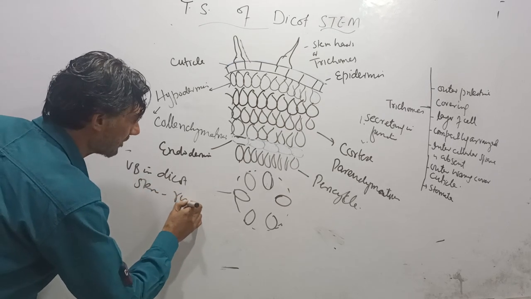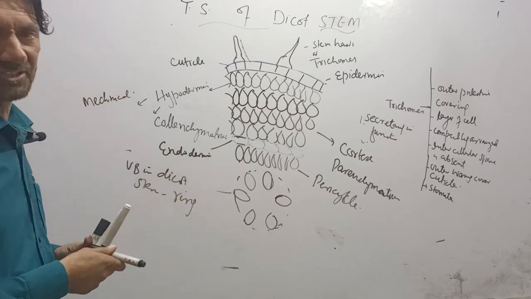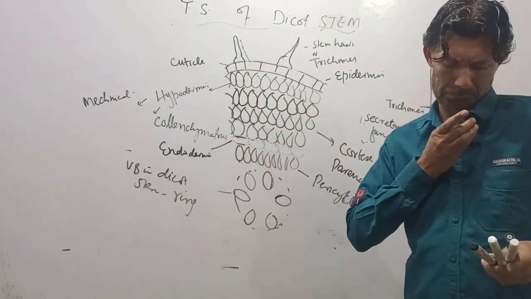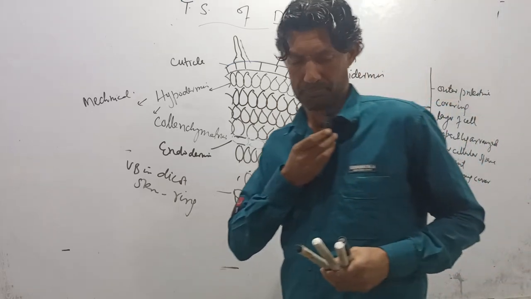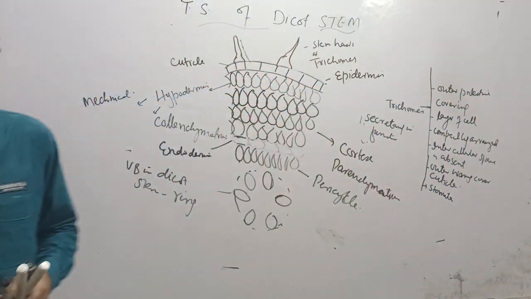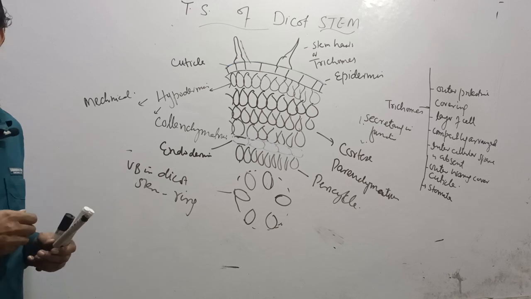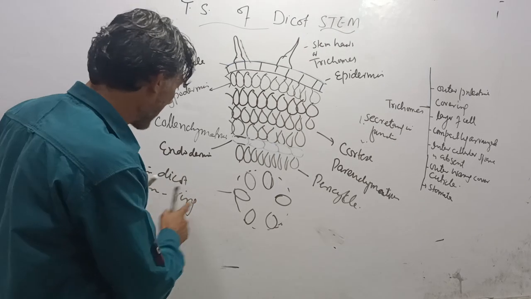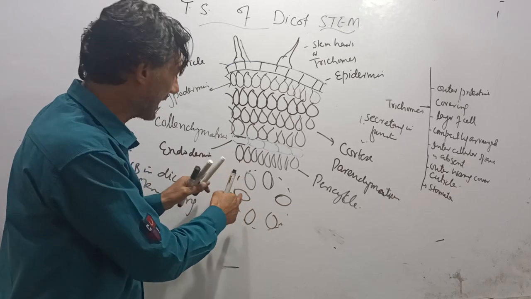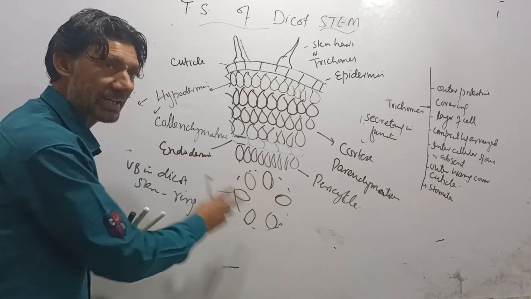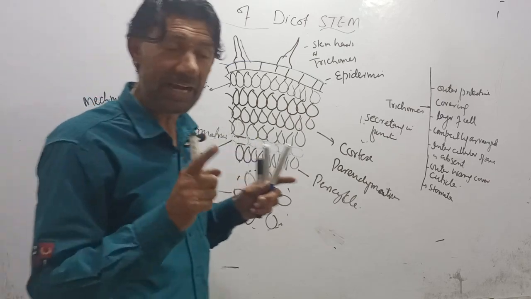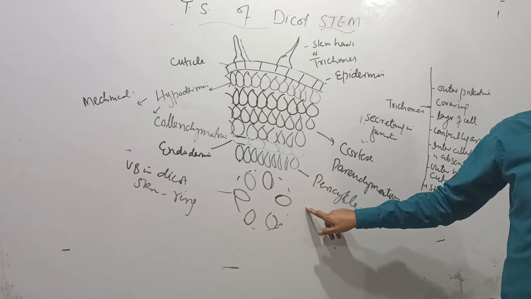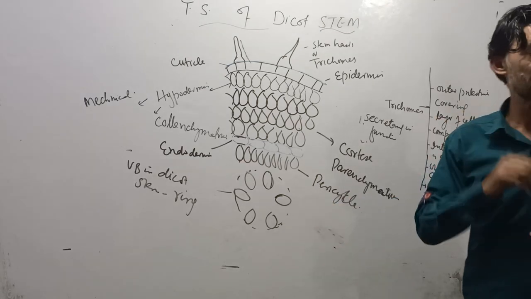It forms a ring-like structure, which is a characteristic feature of the dicot stem. This is the characteristic feature of vascular bundles in dicots.